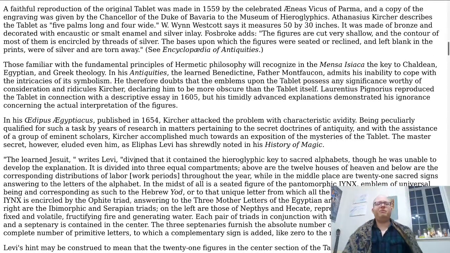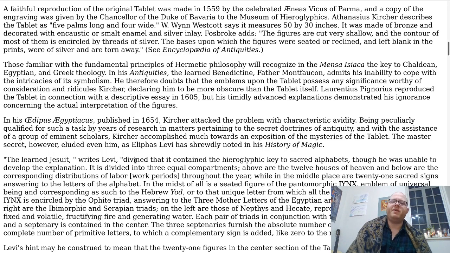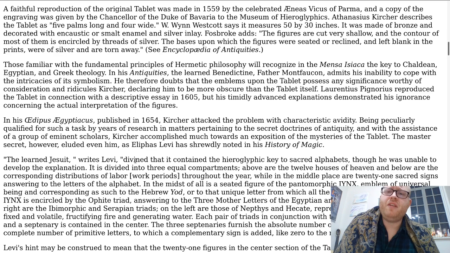A faithful reproduction of the original tablet was made in 1559 by the celebrated Aeneas Vicus of Parma, and a copy of the engraving was given by the Chancellor of the Duke of Bavaria to the Museum of Hieroglyphics. Athanasius Kircher describes the tablet as 5 palms long and 4 wide. W. Wynne Westcott says it measures 50 by 30 inches.